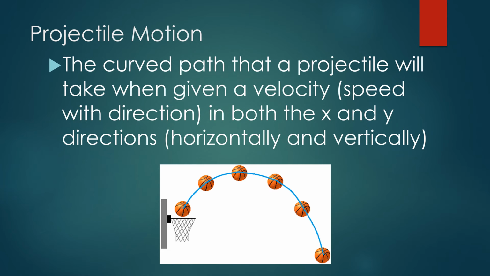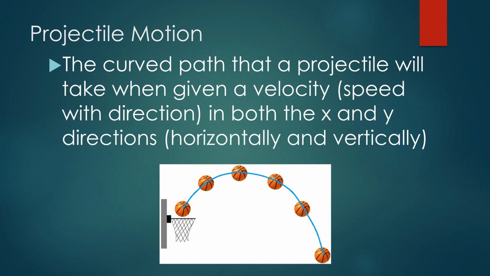So all projectiles follow projectile motion, which is basically a curved path, as you can see in the image with the basketball. It's a curved path that a projectile will take when given a velocity, so a speed in a certain direction, in both the x and the y directions. In math, the x-axis is horizontal and the y-axis is vertical, up and down.